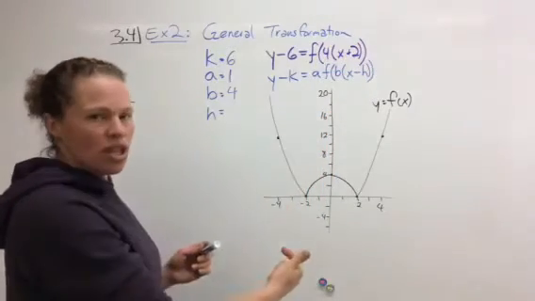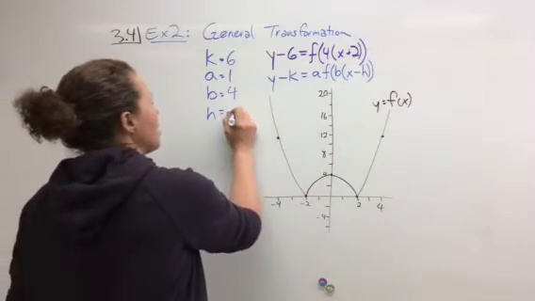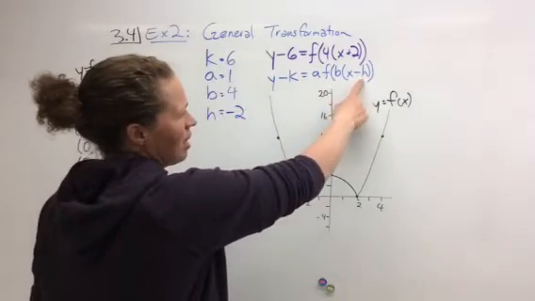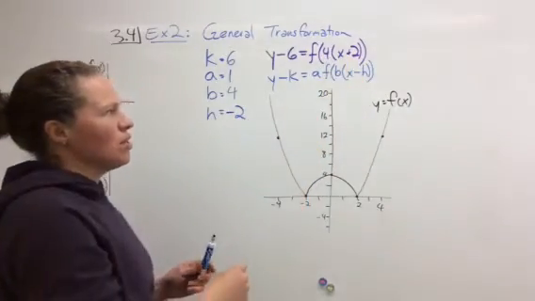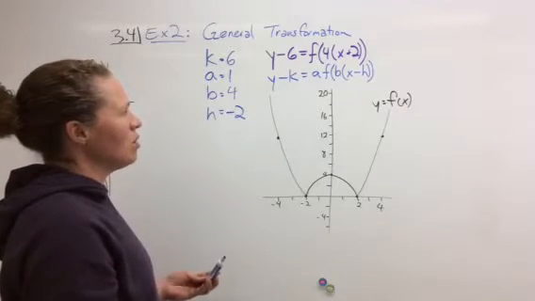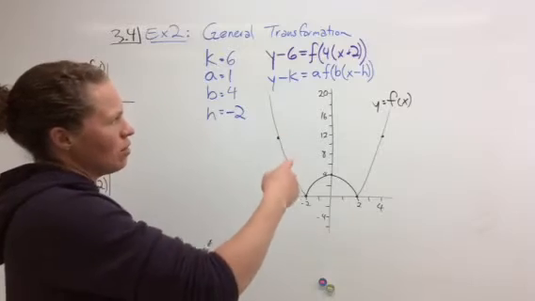So I would switch that sign, and h is actually a negative 2, because if I put x minus a negative 2, it's a positive. So just be aware that we're pulling the numbers out, and if the signs don't match, you have to switch them.